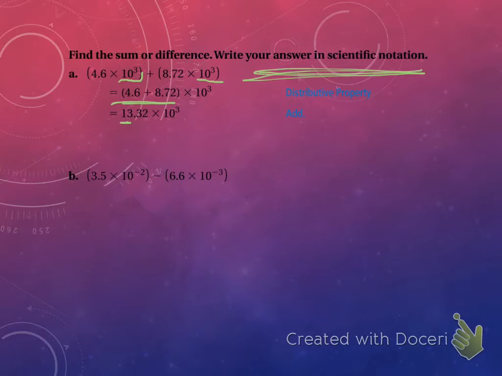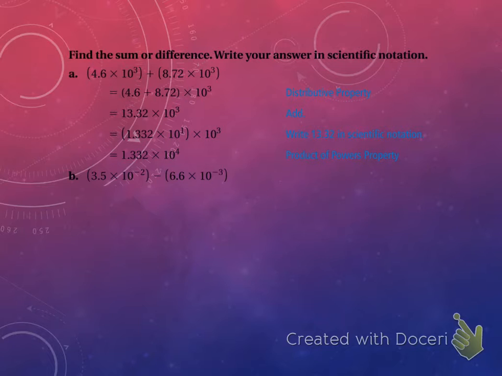So we've got to move that decimal over and rewrite it in scientific notation. So it'll be 1.332 times, well, we took a 10 to the first out, times 10 to the third. Now if we add those exponents, we get 10 to the fourth. So it would be 1.332 times 10 to the fourth.